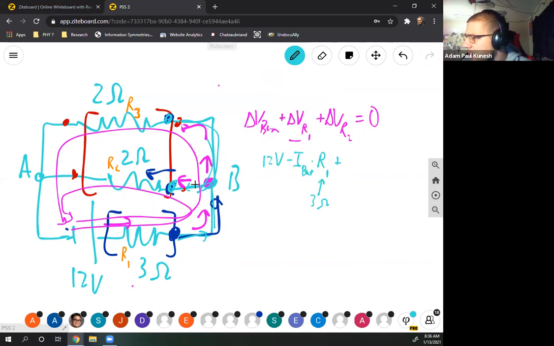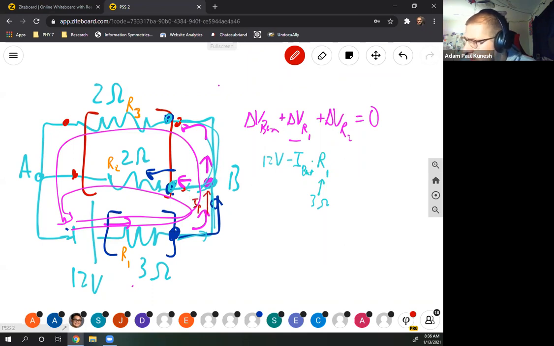Instead of it being just the battery current entering this R2, the current exiting the battery has to split into 2 parts.